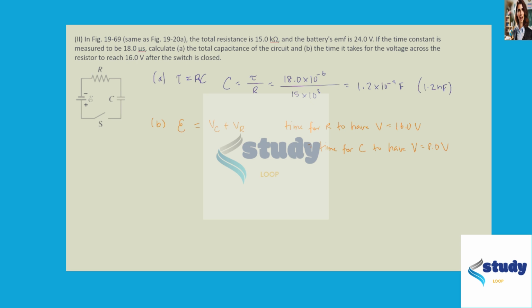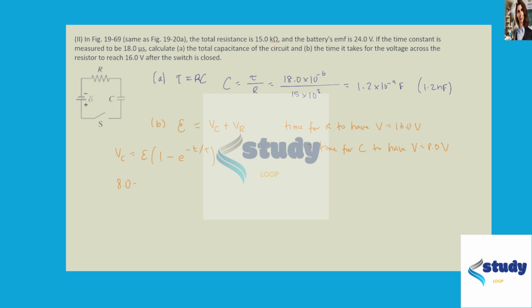And our equation for the voltage across the capacitor is the EMF of the battery times the quantity, 1 minus e to the negative t over tau, or you might see it as RC. So let's substitute what we know.